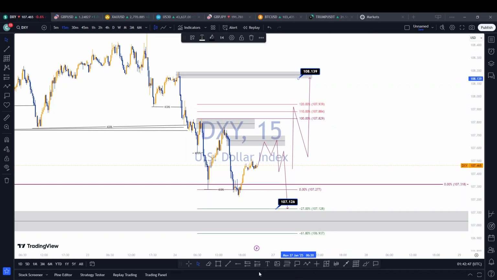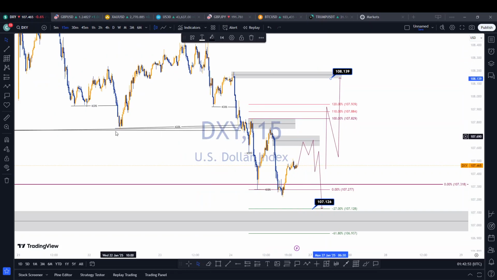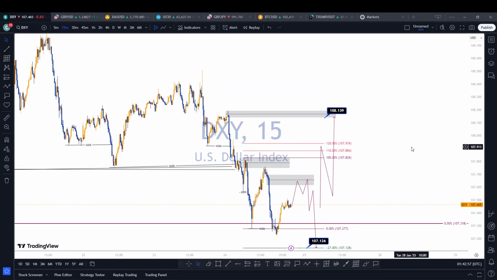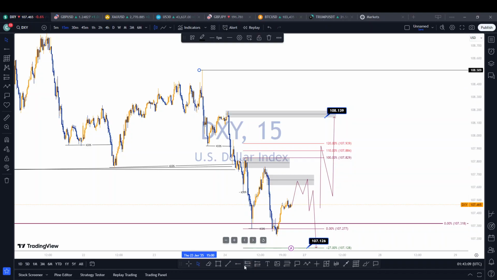For the first TP, for buy, I think it's probably still gonna continue to push up. As long as it continues to break, then based on how the market reacts around this area, if it breaks that area, then this particular area should be our next TP. I'm just gonna put it here.